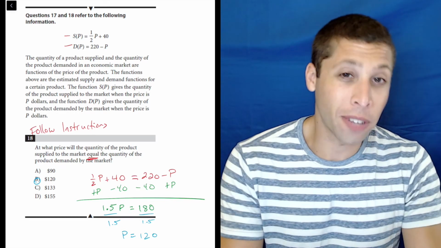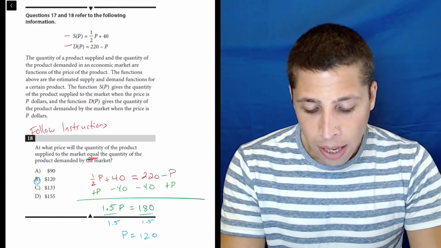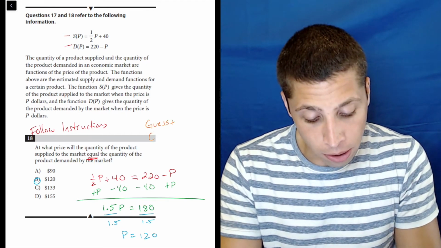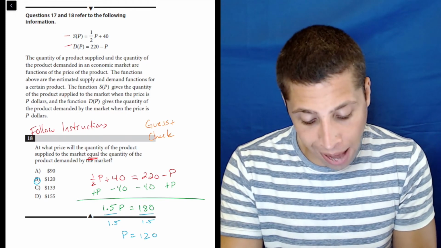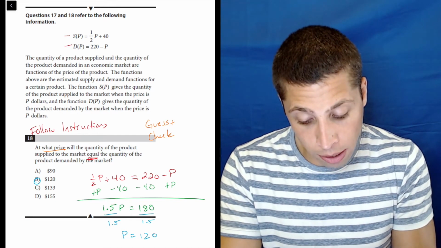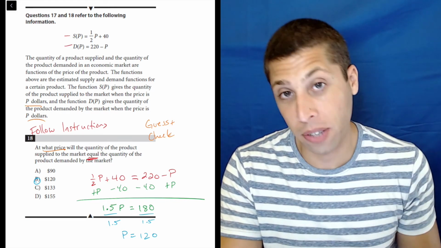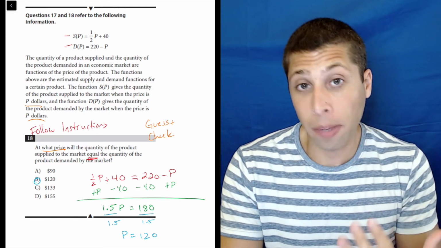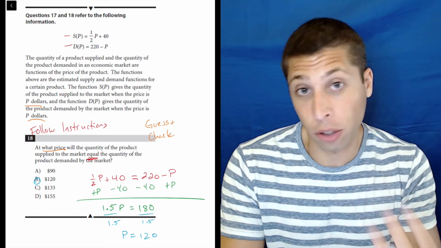The other thing we could have done, which maybe makes it a little easier, is we could have guessed and checked, because if you think about it, these are all values of price. And according to the instructions, the price is represented by the value P. To be honest, when I'm guessing and checking, I normally start with choice B anyway.